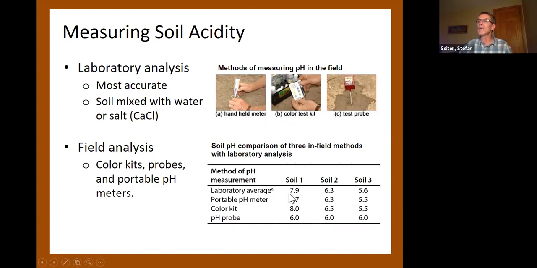I show you down here kind of the comparison between the different ones, and you can see that the portable meters and the color kits, like I said, if they are up to date, can be quite accurate. The pH probe, not as much. But so there are some field analysis methods that you can use.